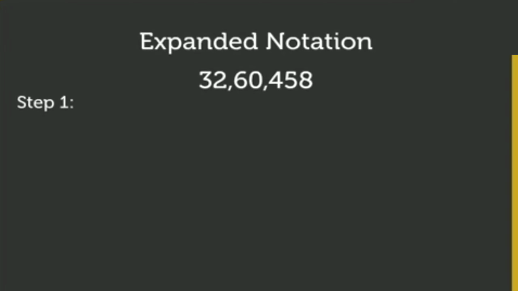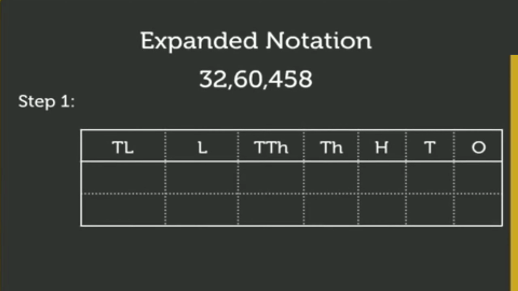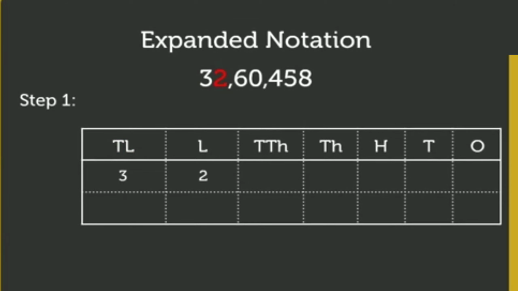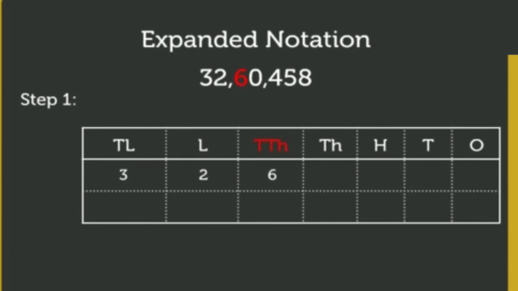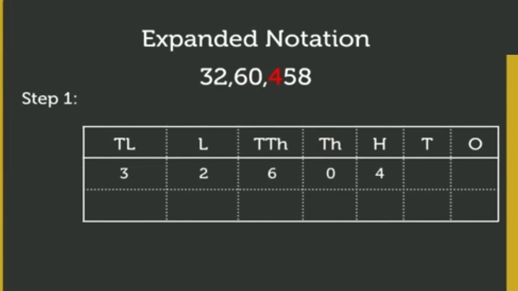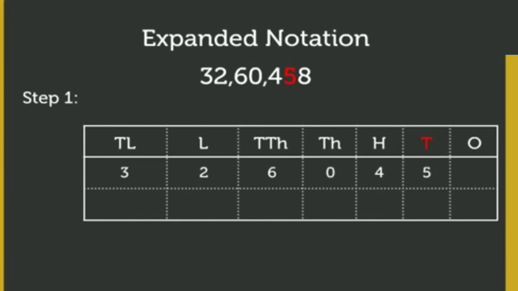First we write the given number in the place value chart as 3 in 10 lakh place, 2 in lakh place, 6 in 10,000 place, 0 in 1000 place, 4 in 100 place, 5 in tens place, and 8 in ones place.